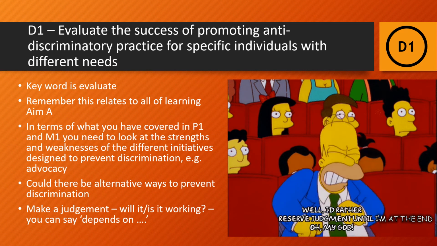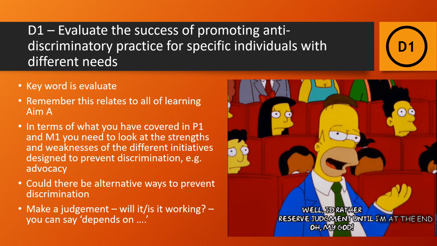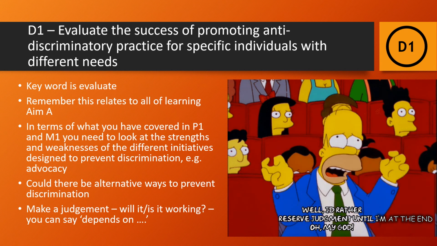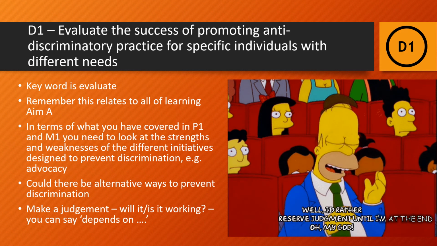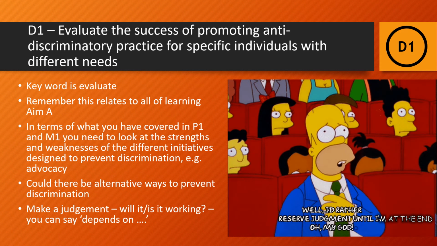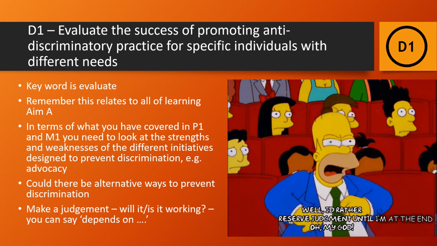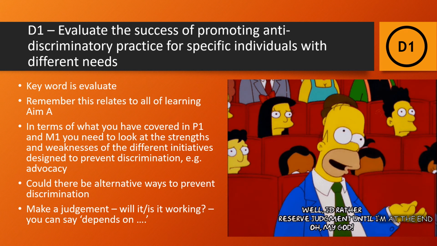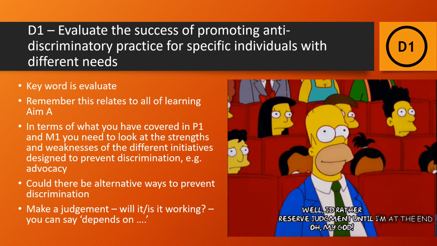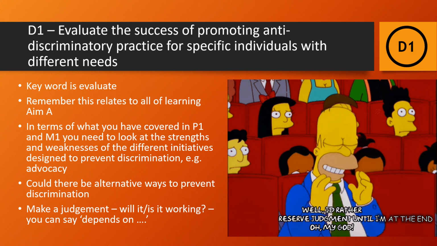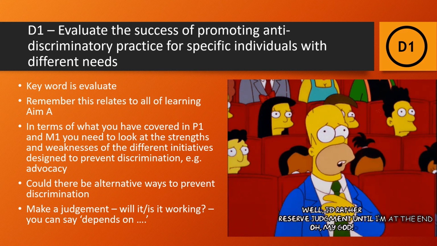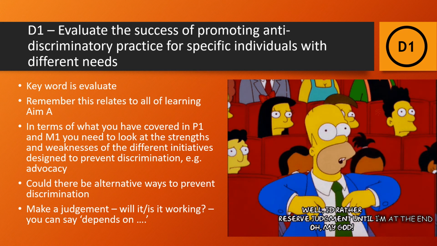So when you get to the end and you're trying to make a judgment, this is really what the distinction is: making a judgment. Everything you've covered in P1, everything you've talked about in M1, what are the pros and cons of each? What are the pros and cons of anti-discriminatory practices and policies? What is being done in the setting to prevent discrimination? Is it effective?